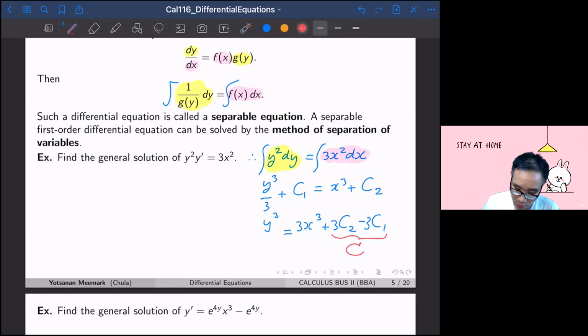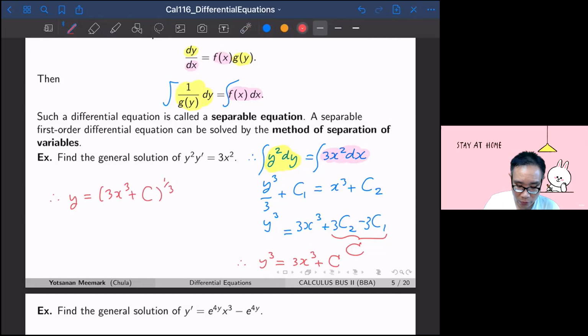So in this case, you would have y cubed equal to 3x to the third plus C, and this will allow you to have y equal to (3x to the third plus C) to the 1/3.